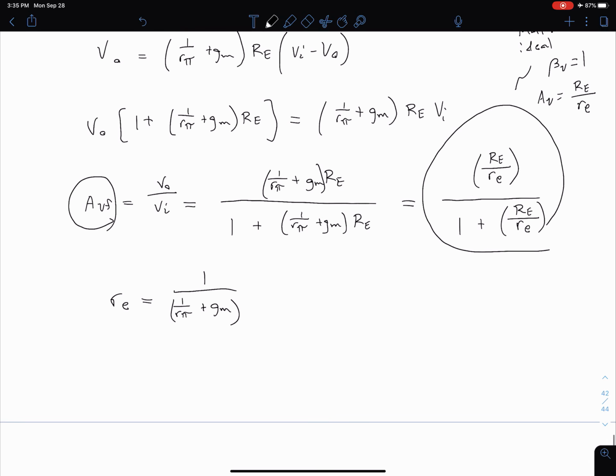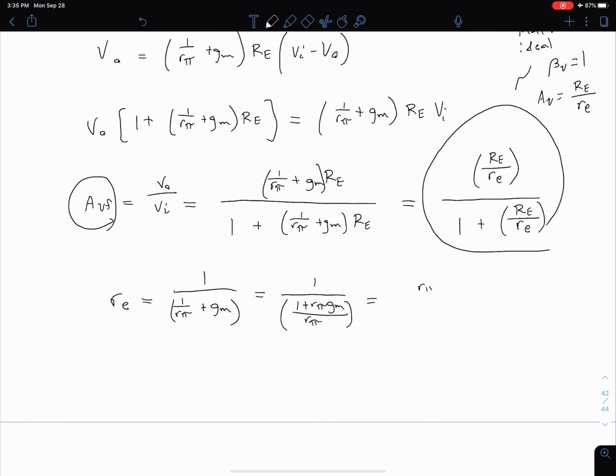One other thing I wanted to note real quick is to take a closer look at this lowercase r sub e, so we can rearrange that form a little bit. If we combine these terms in the denominator to have a common denominator, we have 1 plus R pi GM divided by R pi, at which point we can bring that R pi up to the numerator.